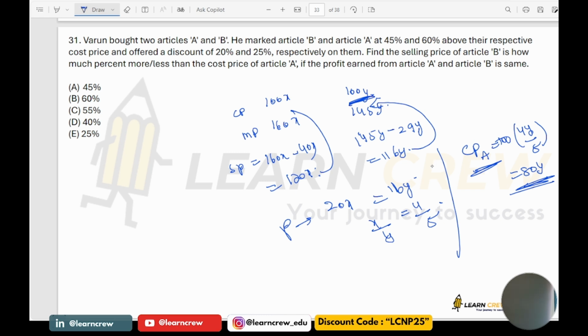So what is asked now? Find the selling price of article B. Selling price of article B means 116y is how much percentage more than this 80y? 116 is more than 80 by 36. 36 by 80 into 100. So it is how much? 45 percentage.